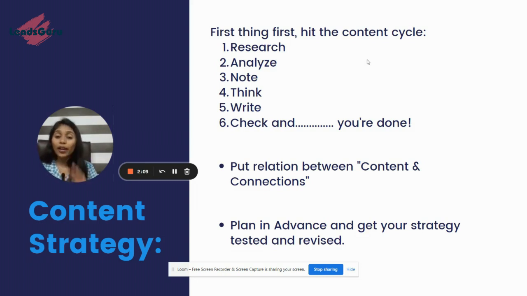Then the fourth point is think. When you have written down everything, you need to think more. You need to brainstorm how well you can do, more creativity, how you can add more innovation, how you can contribute. Now, the fifth part is write down.